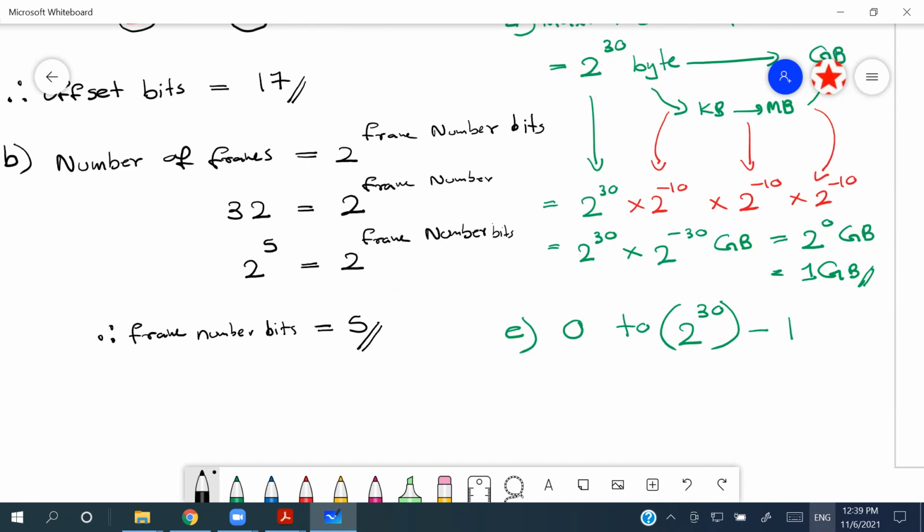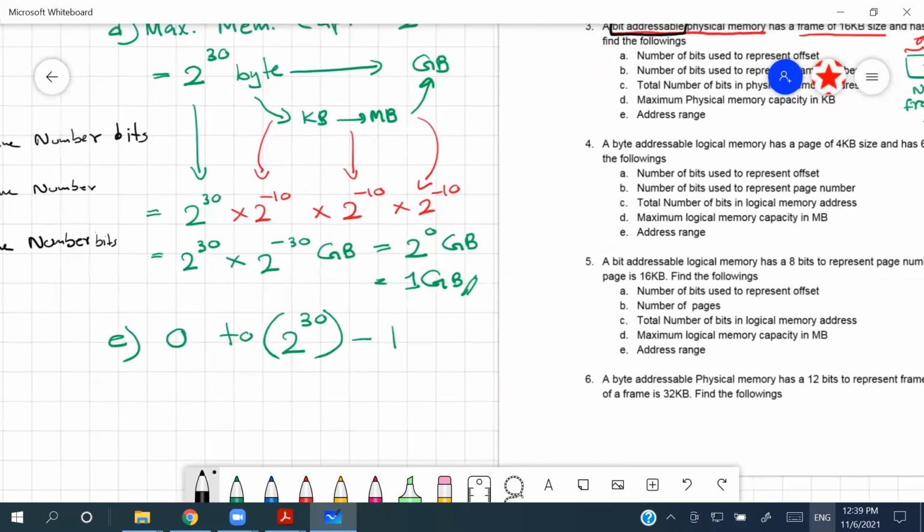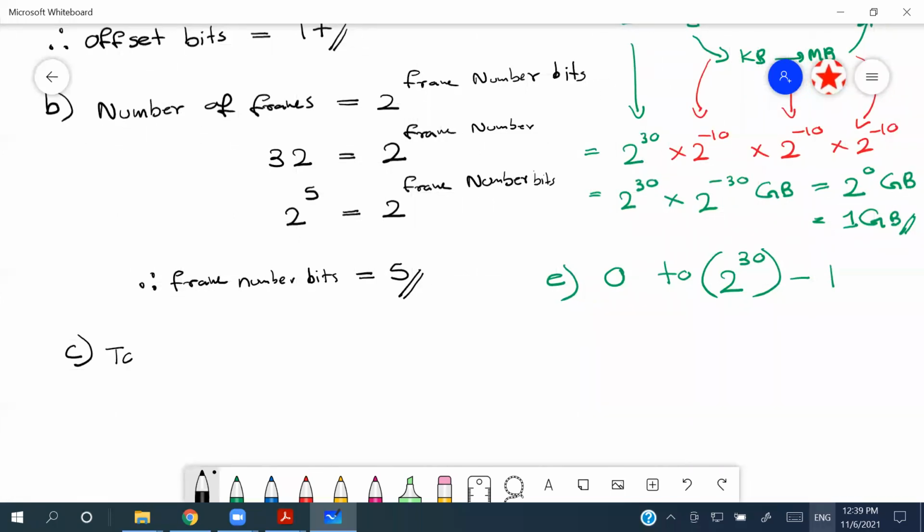Simple as that. Then part C is asking for the total number of bits. It is very easy, right? Total number of bits equals what?